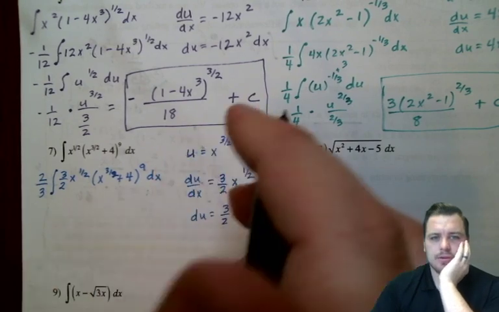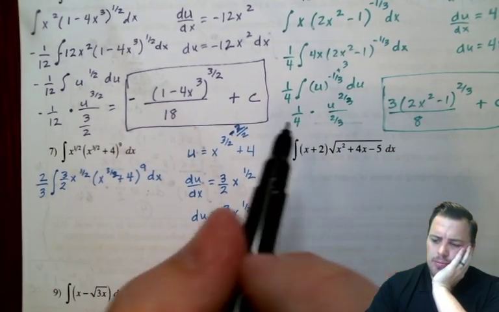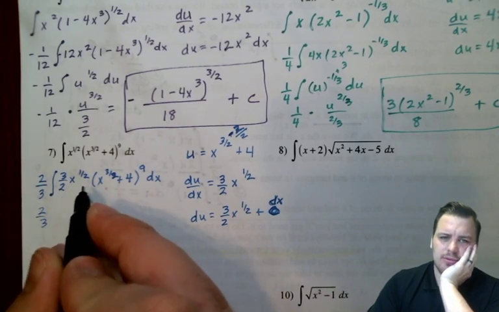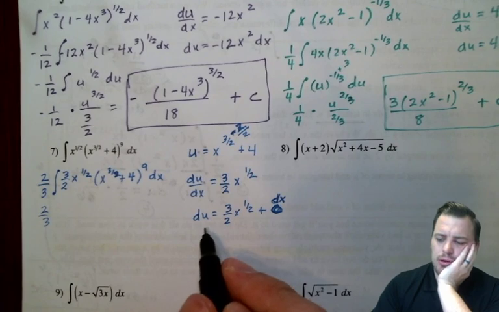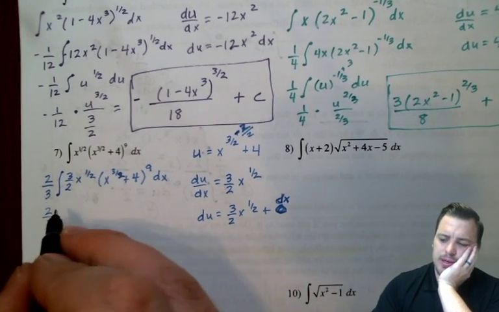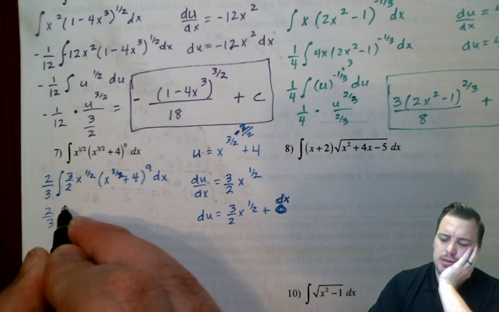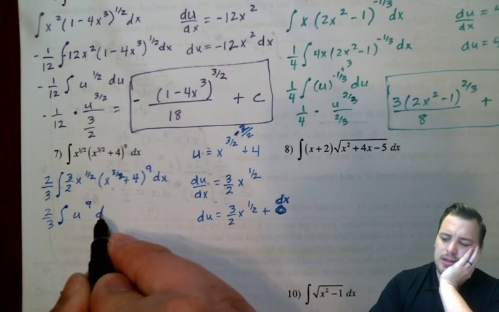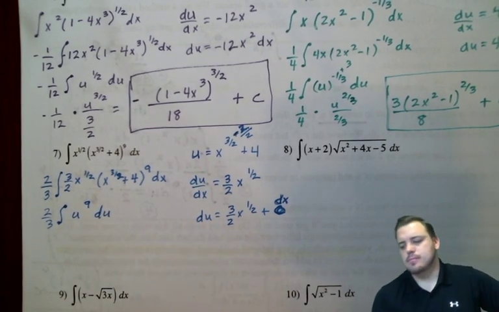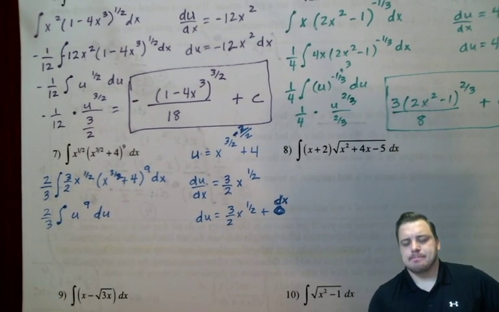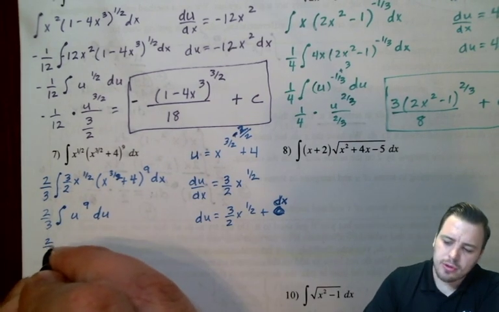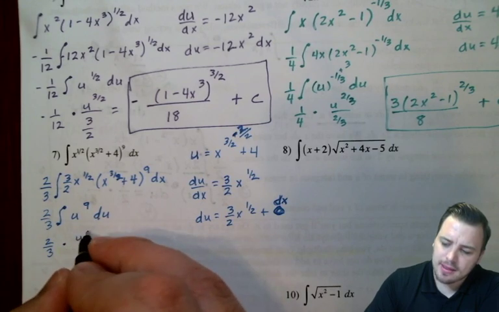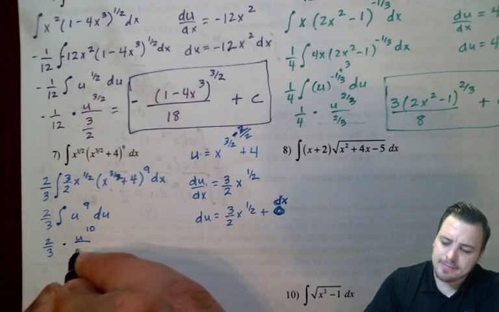Okay, so then from there, we would have 2/3. The 3/2 x to the 1/2 dx is du. So it would just be 2/3 integral of u to the 9th du. From there, 2/3 times u to the 10th over 10.